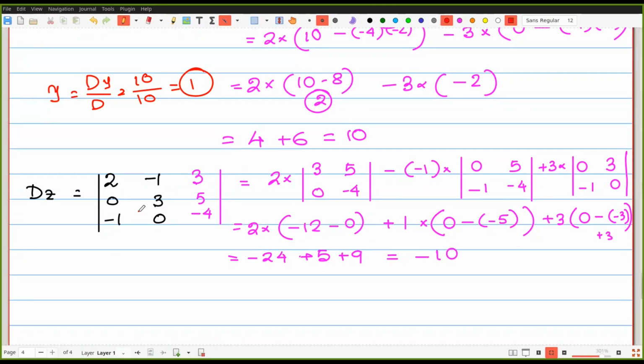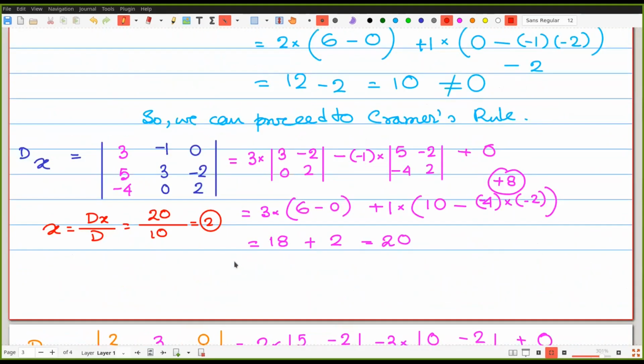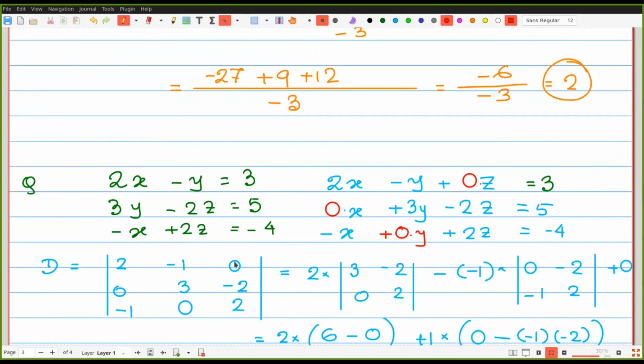So here z is equal to dz upon d, minus 10 upon 10, or minus 1. So already we have found 2, 1, minus 1. So x is equal to 2, y is equal to 1, z is equal to minus 1.